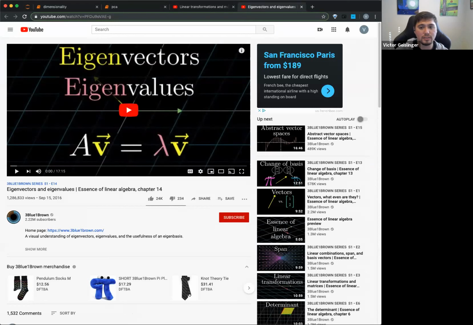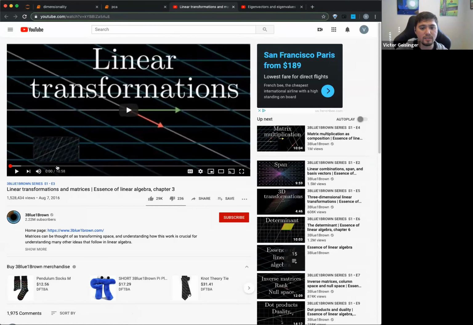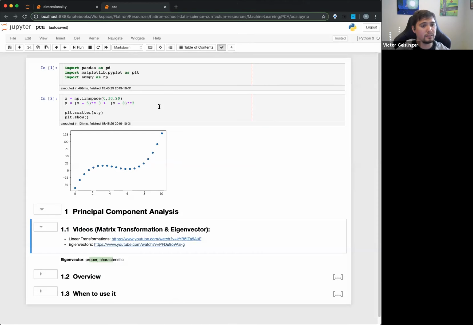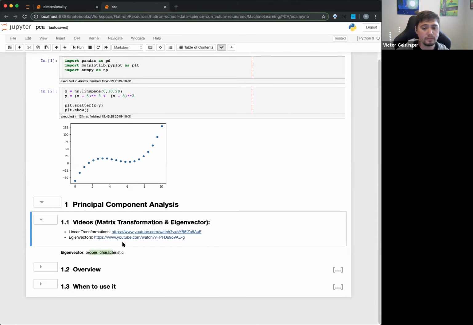But you would have to understand linear transformations, which are basically matrices. This A right here is a linear transformation, and it can figure out this eigenvector. Note that this lambda here is the eigenvalue, a special value that allows you to pull out this information. But I'm not going to focus completely on that because I don't think it's necessary for principal component analysis.